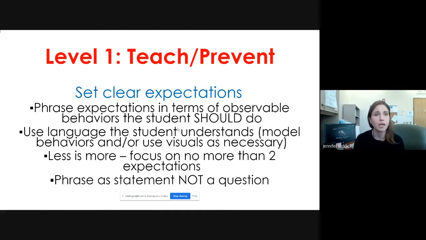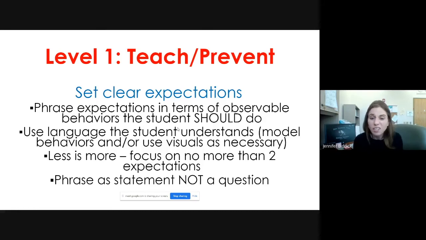So if I say, don't stand on the chair, we might all be assuming that the learner knows that don't stand on the chair means I should sit in the chair. However, not all of our learners do know that. We also have some learners, especially if we're starting to go up that bell curve, that are in that refusal stage, that silly stage, where they might hear, don't stand on the chair, and guess what?